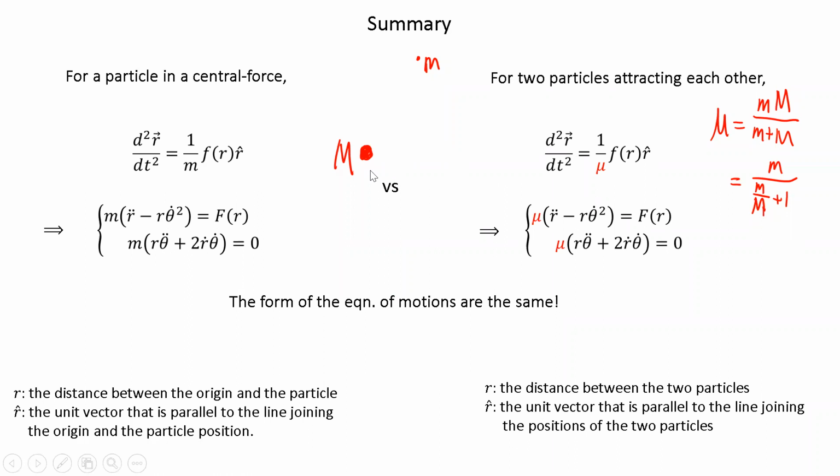So if indeed I'm considering the case where capital M is much greater than small m, like the Sun and the Earth, then small m divided by big M is much smaller than 1. Then this reduced mass would be approximately equal to small m.